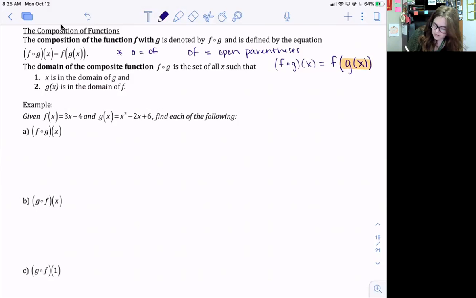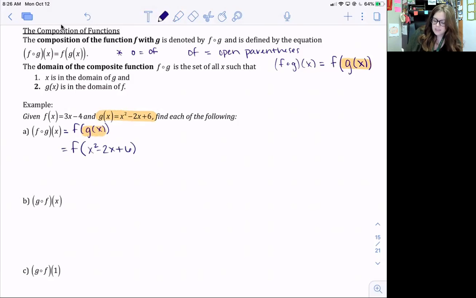So if we want to find f of g of x, I'm going to always start this by rewriting it f of g of x. Okay, we're going to take our g of x and we're going to plug it in to this expression. So we have f of x squared minus 2x plus 6.